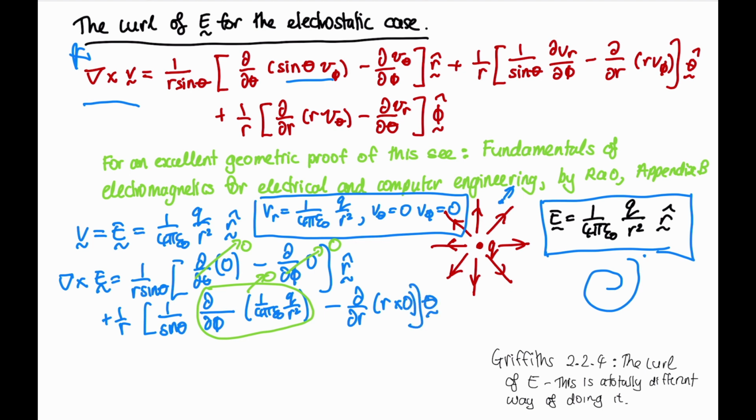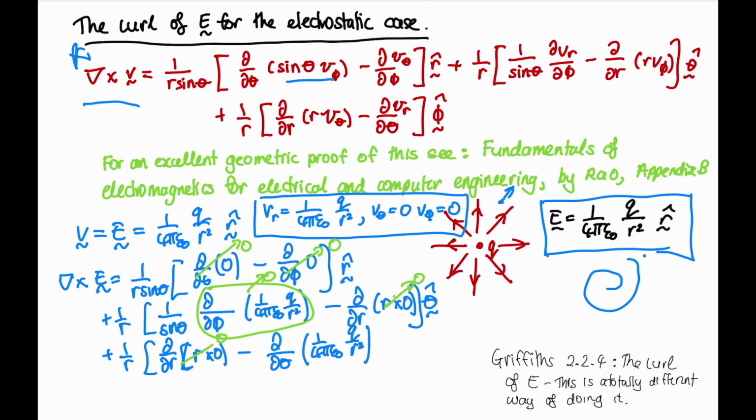And that's in the theta direction, so we're still at 0. And then plus 1 over r times d dr of r V theta, which is r times 0. That thing there is also 0, minus d theta of V_r, which is again 1 over 4 pi epsilon naught q on r squared.